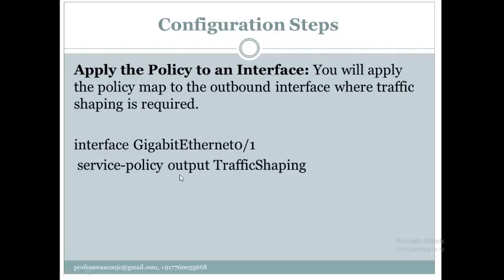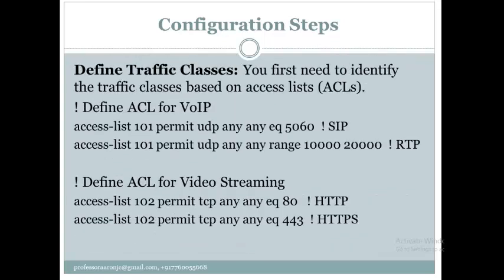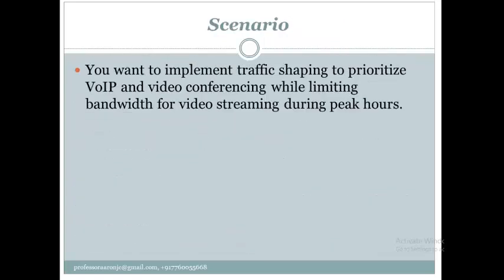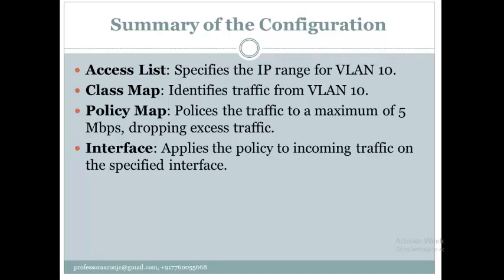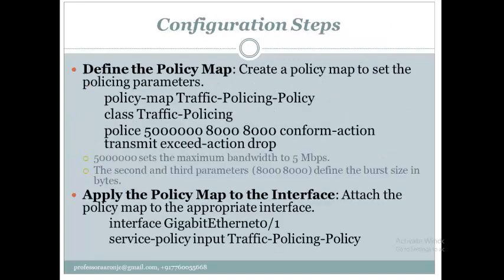Input. Who is dropping? The ISP will drop your traffic if you are sending excess. When the ISP receives traffic from you, that's why it is input, he drops. Whereas shaping, who will do it? We only will do. We don't want to send excess and get dropped there. So what do we do? We do the shaping here and then we send out. You understood this?